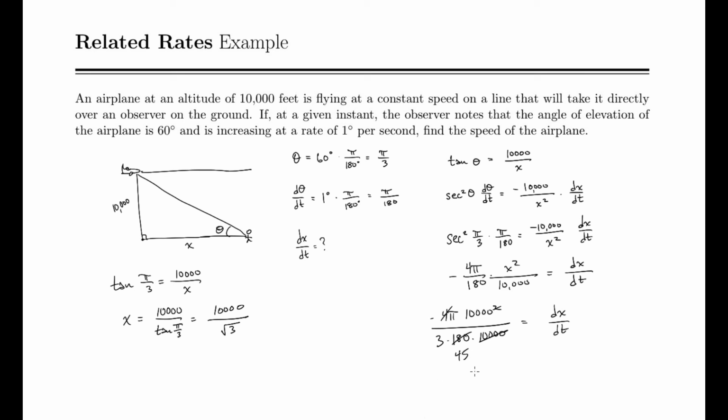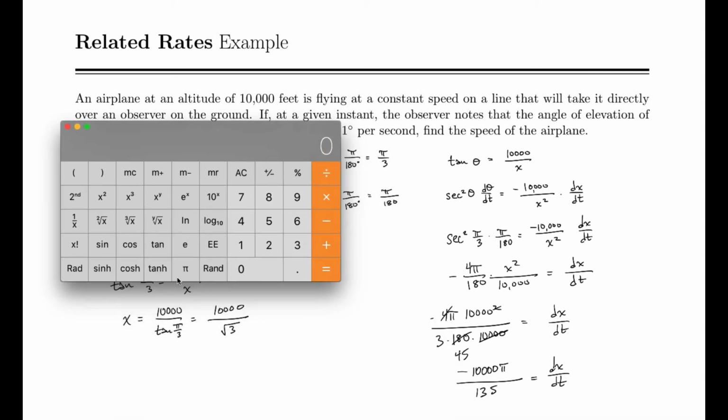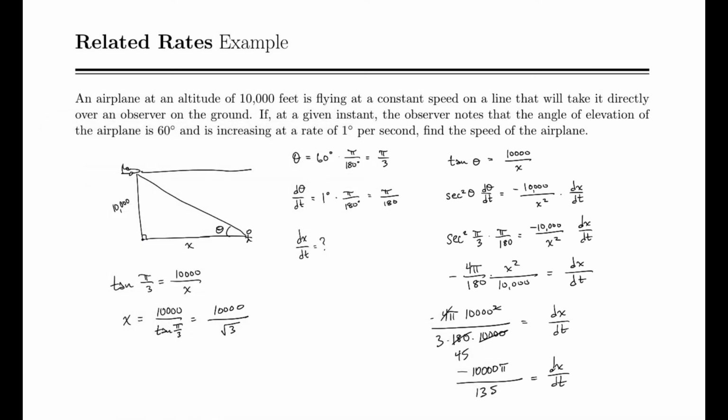So we end up with negative 10,000 pi over 3 times 45, which is 135. Let's go ahead and plug that in to get an idea of what's happening here. So we have 10,000 times pi divided by 135.